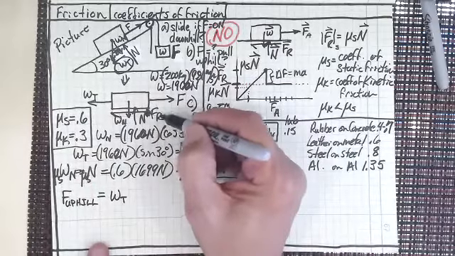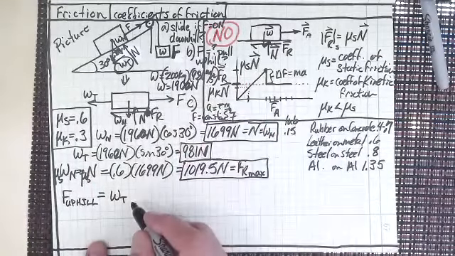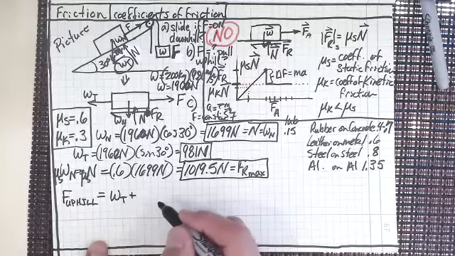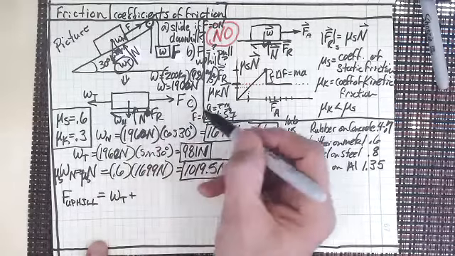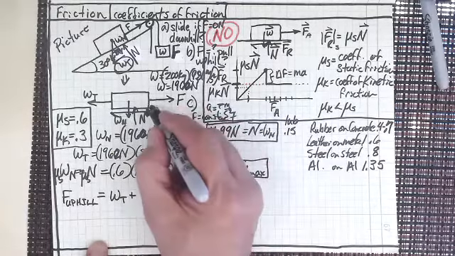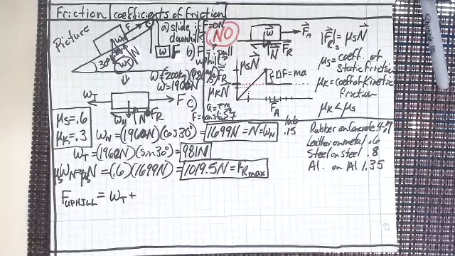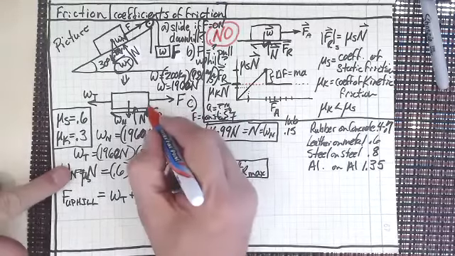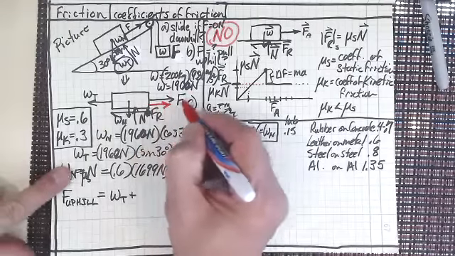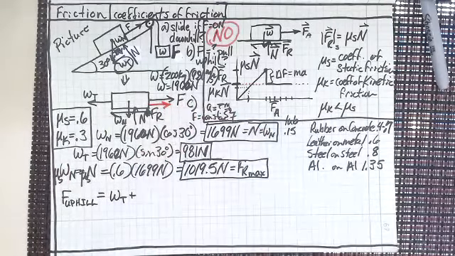I would have to overcome F sub r too, because F sub r now is working against the impending motion, and the impending motion that I'm going to have is in this direction. I'm increasing F, so as I keep increasing F, I've still got to work against that too.